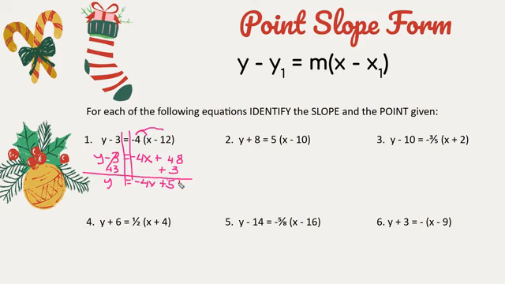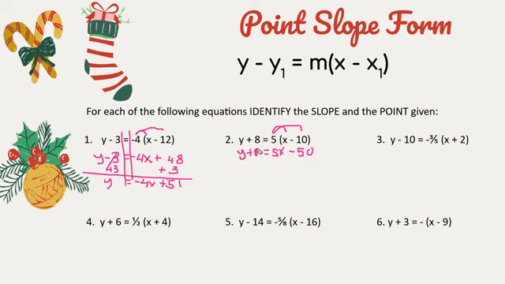Okay, so we're going to do the same thing with all of these. You're going to do distributive property here. This would be 5x minus 50 equals y plus 8.